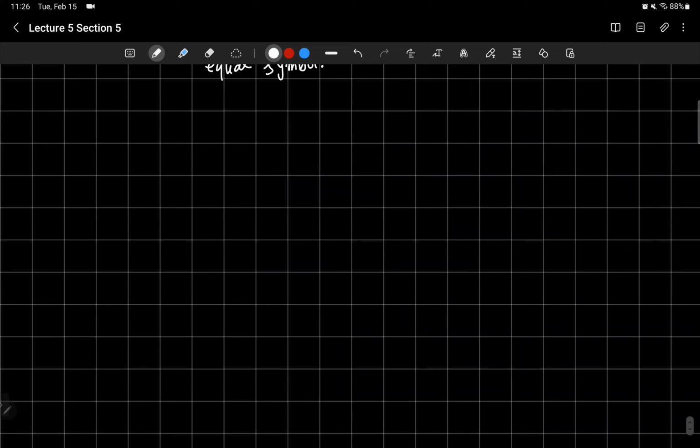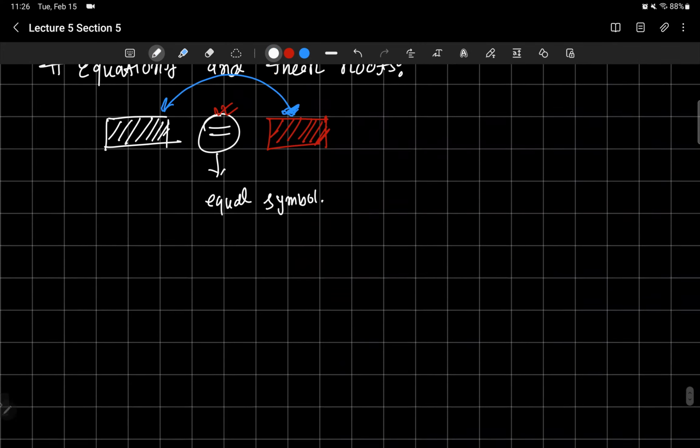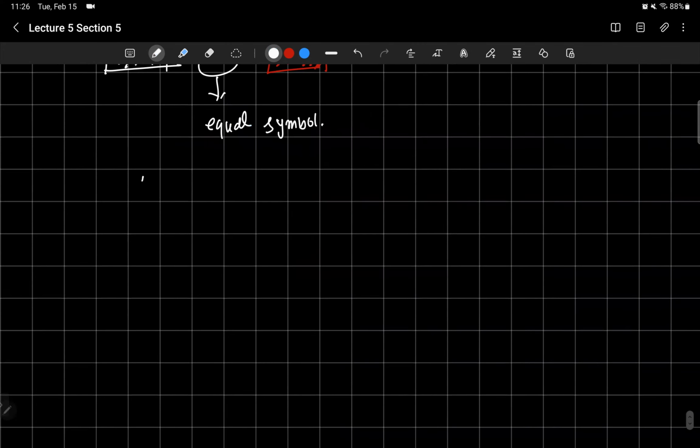So let's say, and I'm going to show you something that you'll also find useful later. Let's say I have something like this: 2x plus 5 is equal to ay plus b. This is an equation.